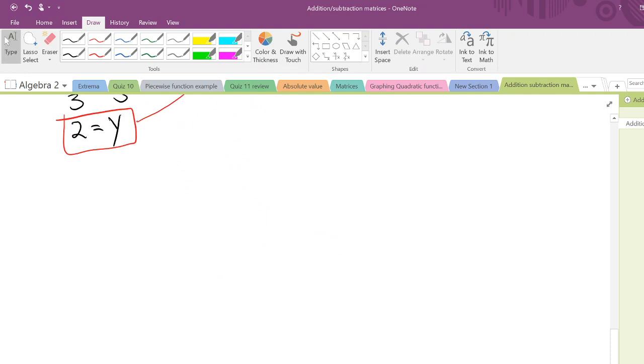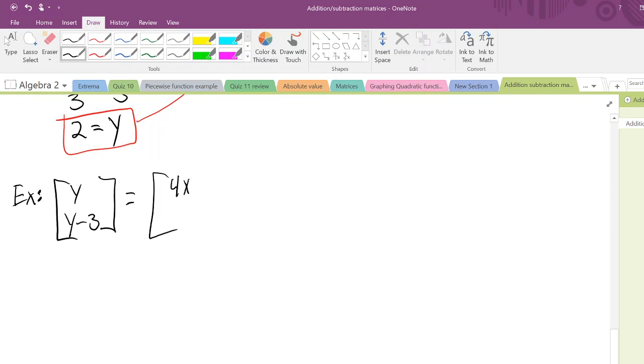The next example I have is y and y minus 3 is equal to 4x, and I have 2x plus 1. This one's going to go with this one because the dimensions are the same.